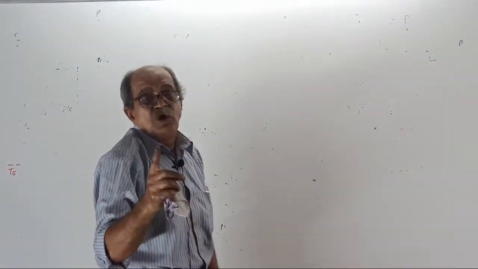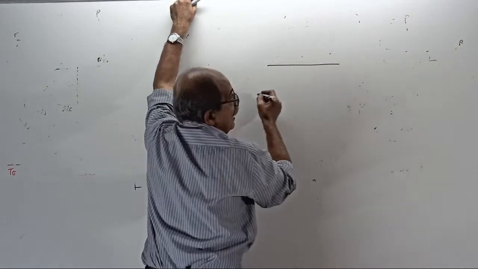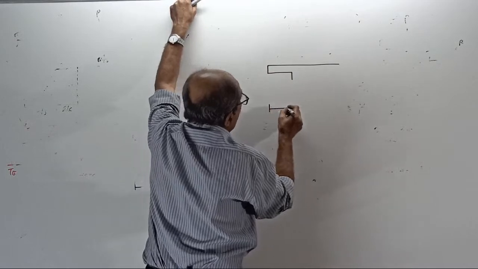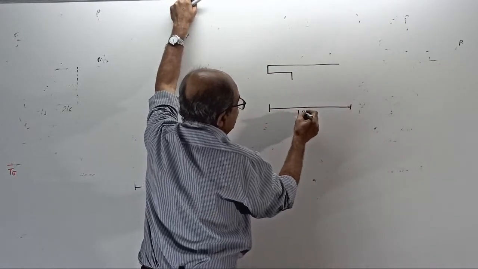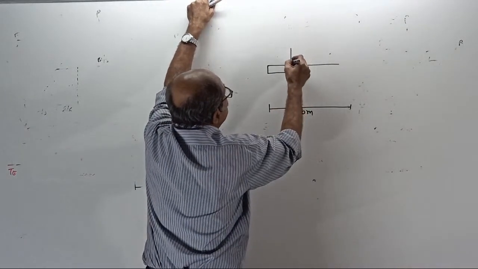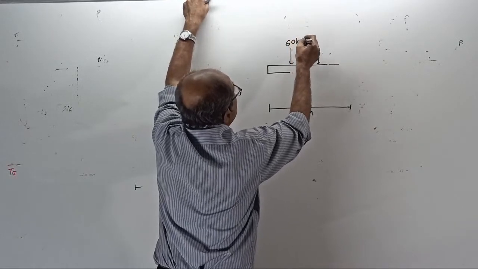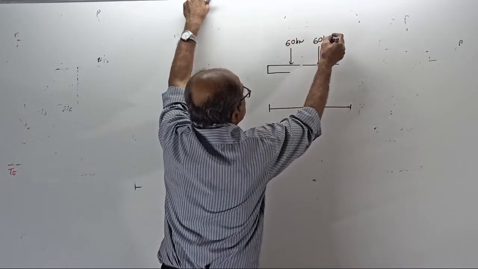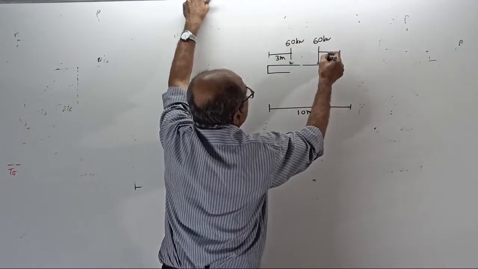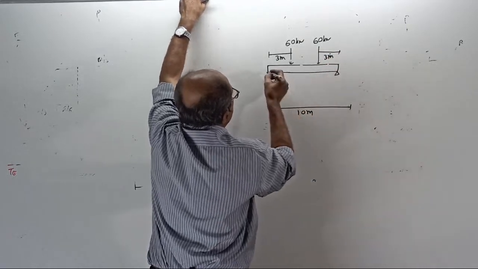People expect you to know that much. I will give the question. A simply supported beam has a span of, say, 10 meter. It is subjected to 2-point loads of 60 kilonewtons each at 3 meter from either end.